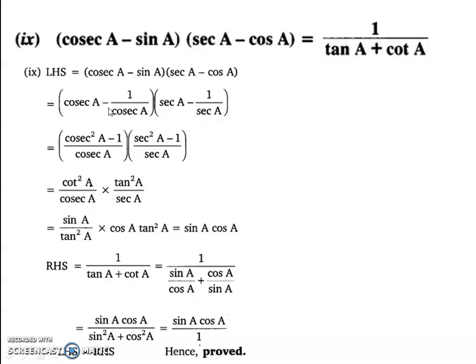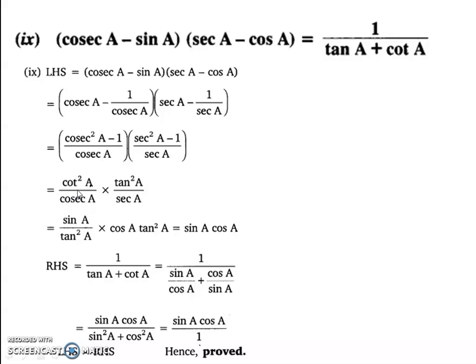Now taking the LCM, we get (cosec square A minus 1) by cosec A into (sec square A minus 1) by sec A. Now what is cosec square A minus 1?